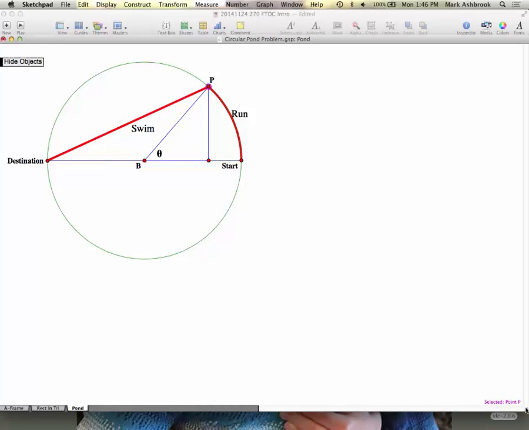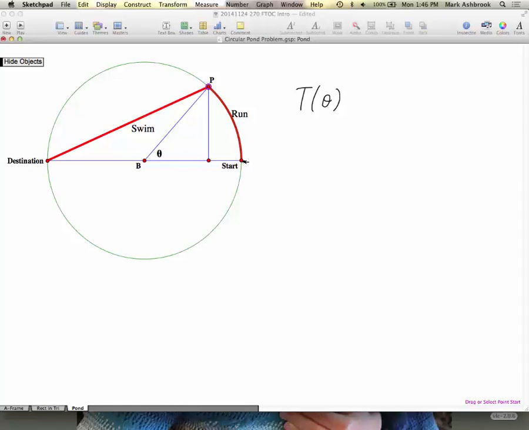We said that in general, if we want to minimize time in a situation, then the whole problem is going to revolve around a time function. And we saw that this particular problem was time as a function of this angle theta. It determines the point P that they'll run to. I changed it into part of an adventure course race.